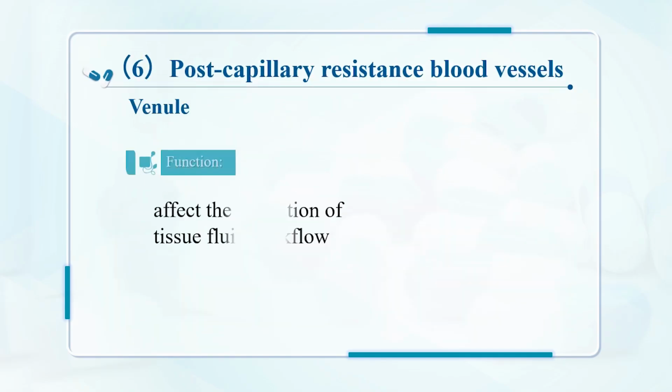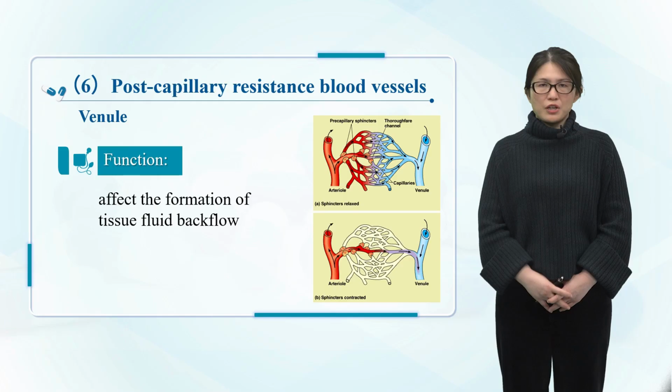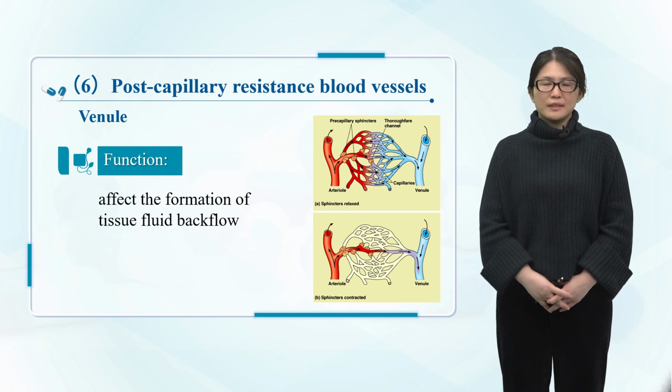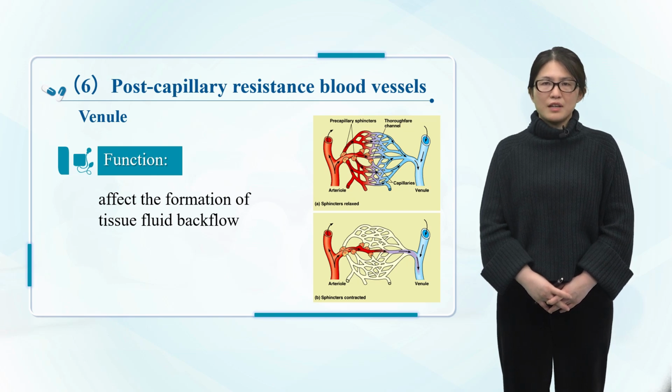The capillaries are located between the arteries and veins, are widely distributed, communicate with each other, and form a capillary network. The capillary has a small caliber, and the tube wall is composed of only a single layer of endothelial cell.